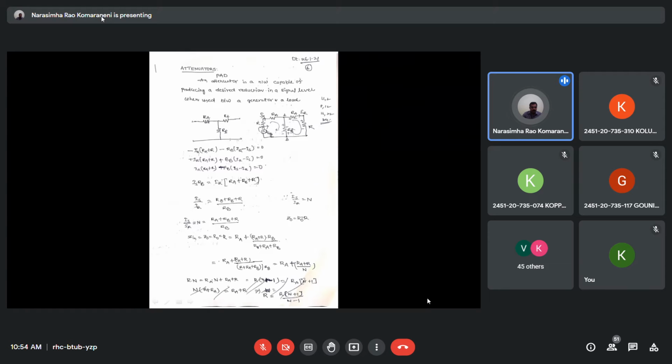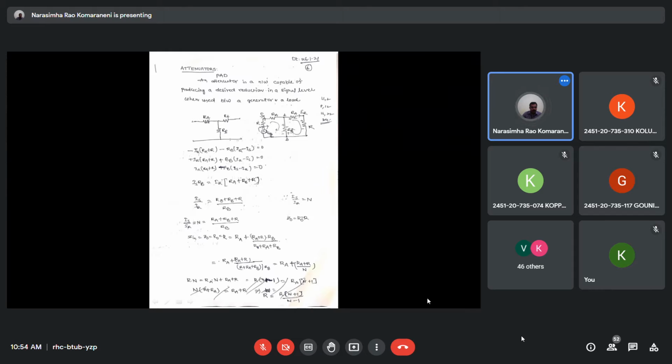So before going to this symmetrical T attenuator, first we'll see what we mean by an attenuator. An attenuator is defined as a network capable of producing a desired reduction in a signal level.